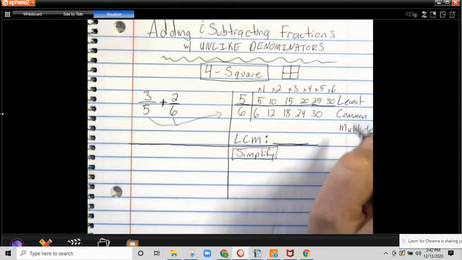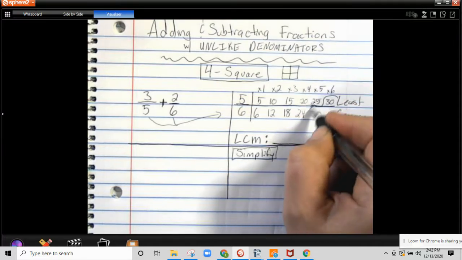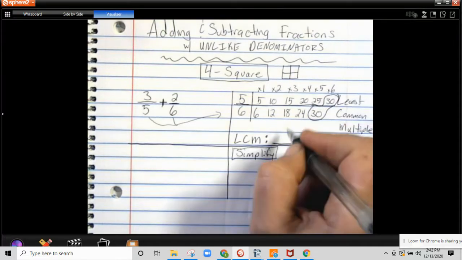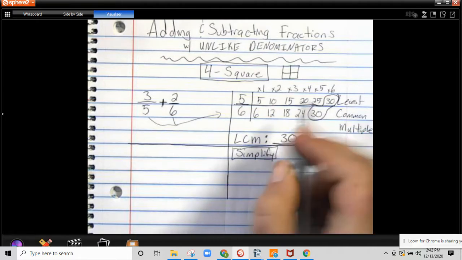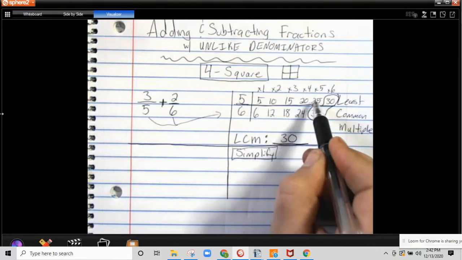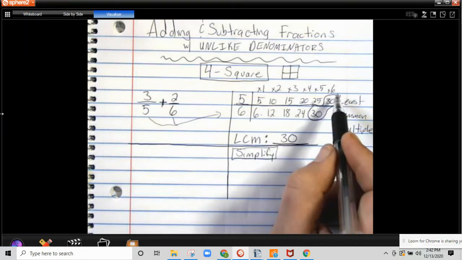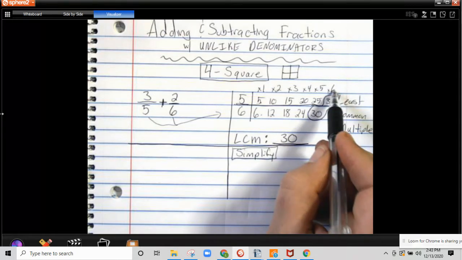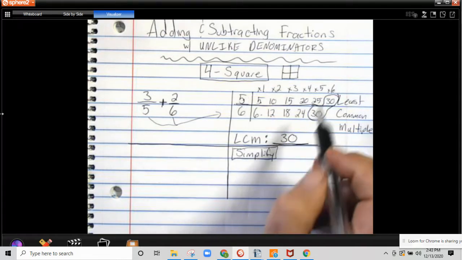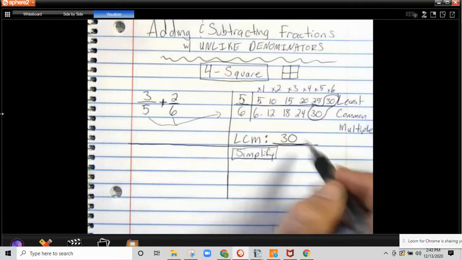All right, now I have a match. My LCM is going to be 30. There are no other numbers here that are in a smaller amount that match. So I had to go up to the sixth multiple in my fives and the fifth multiple in my sixes.